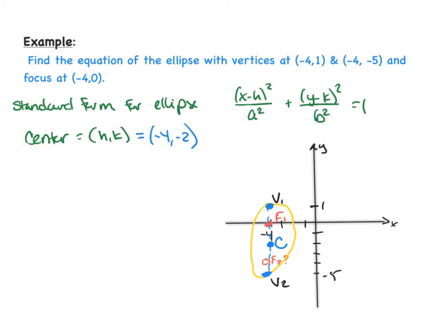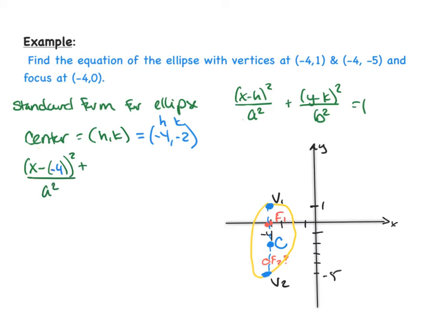Great. So our center, we just found out, was at -4, -2. So now plugging that in for our h and our k, we're going to get x minus -4, and then all squared, over a squared. Oh, my negative isn't very good there.